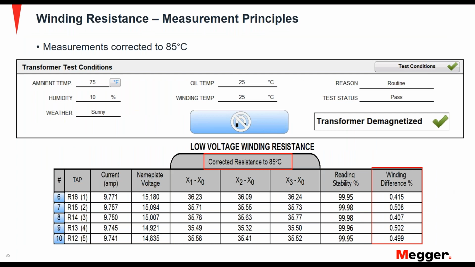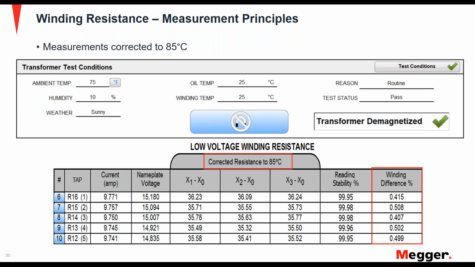So looking at an example real quick for this condition, the low voltage winding was tested. Now it is very crucial that the transformer test conditions be documented when you are testing for winding resistance. So you have to document the ambient temperature, the humidity, the weather, including oil temperature, and most importantly, the winding temperature you can see here.